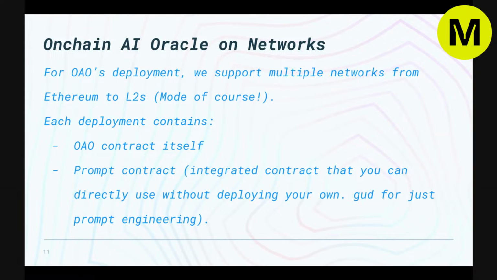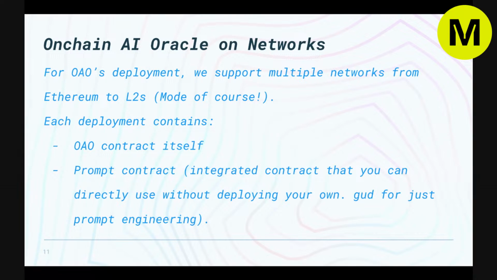For example, if you just need to use prompt engineering and you don't really need some advanced features, for example, using multiple models inside one inference call, or having different models have synergy with each other, kind of like a multi-agent system, then you can just use this prompt contract.